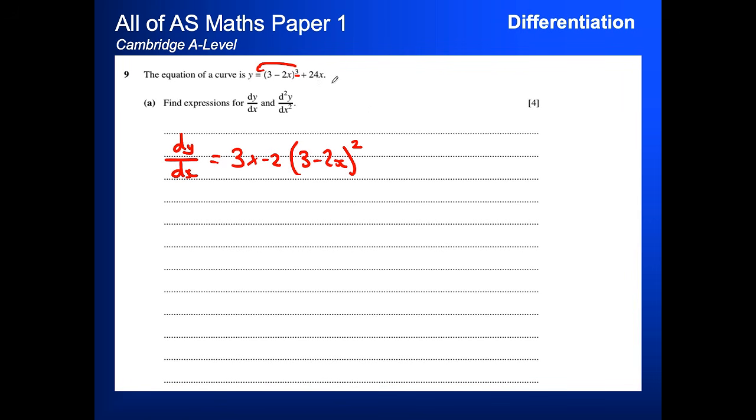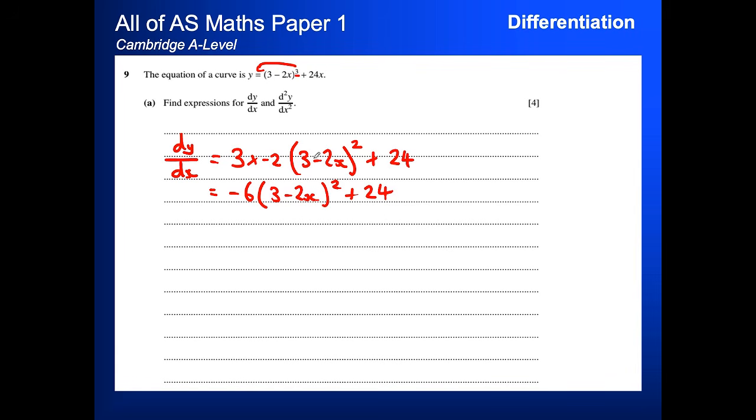And if we differentiate 24x, it's always nice when it's just x to the power of 1, that just becomes 24. And we can tidy this up somewhat. 3 times minus 2 is minus 6, and we can leave everything else the same.